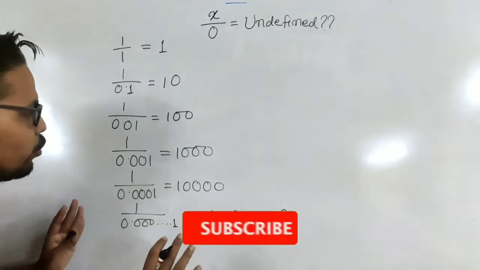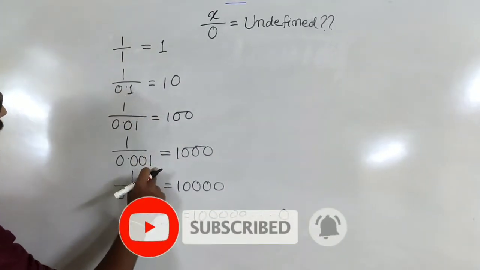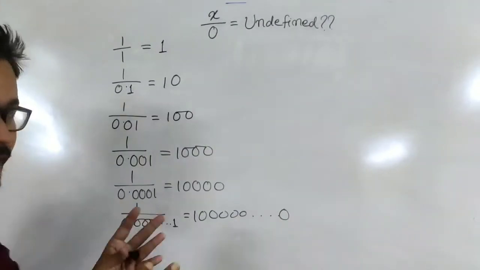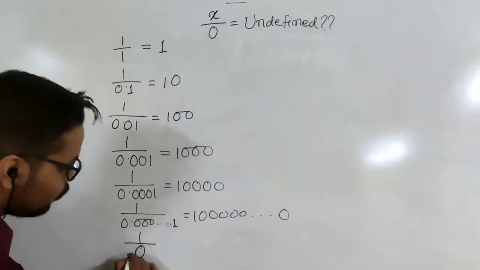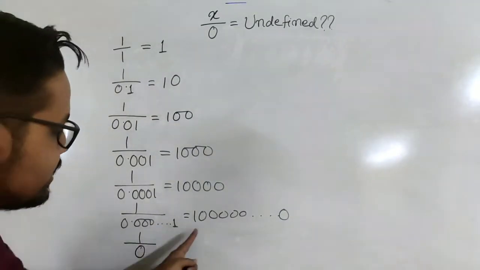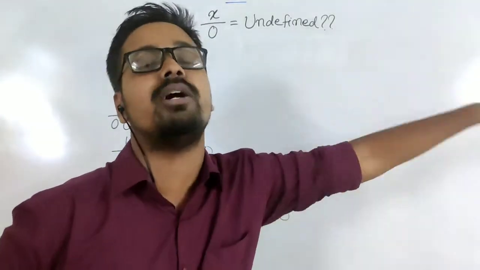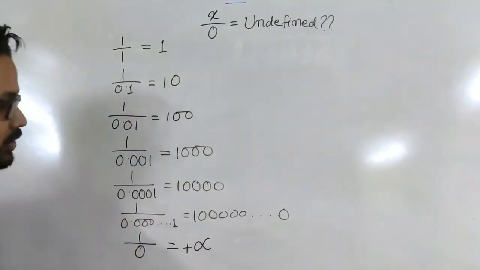That means as we are moving down and decreasing the value of the denominator by 10 times, we are increasing the answer by 10 times. So what I am trying to do here is reach as close as possible to 1 by 0. The possible answer that we are going to get is 1000000, a huge number, and that huge number can be related to as infinity, that is positive infinity.